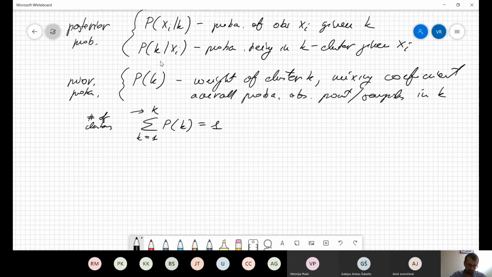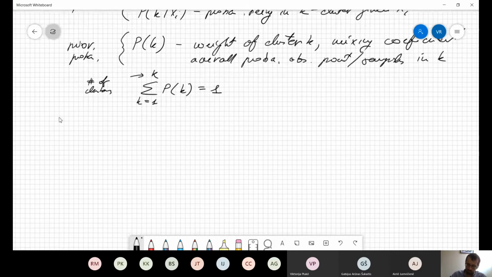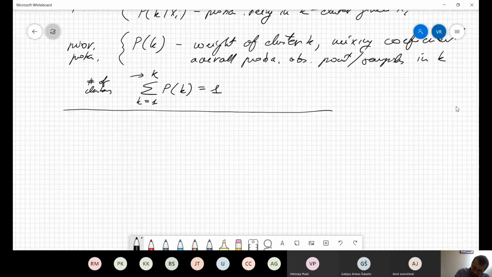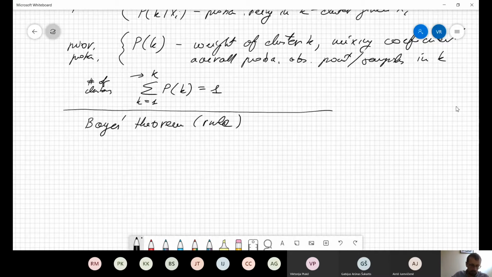In order to do that, we need to take a sideline and talk about the Bayes theorem or rule, because we want to do some calculations here.